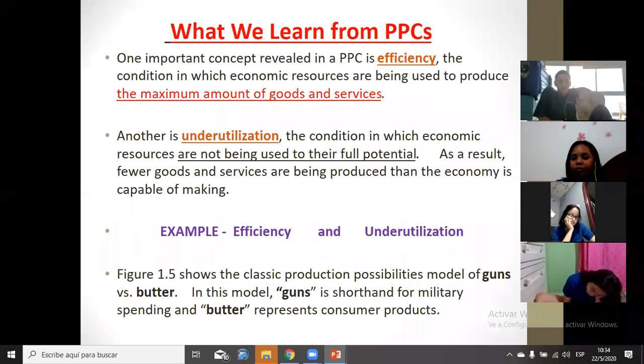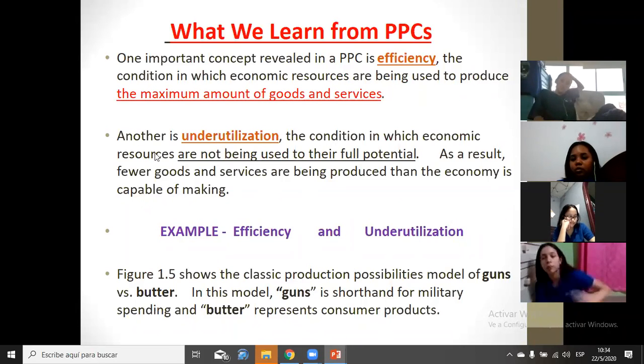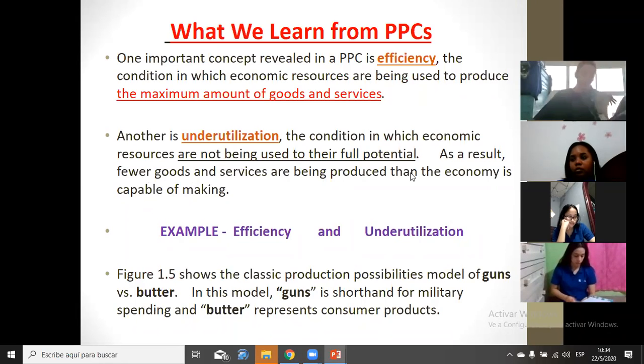And let's move on. Now, explain this on the utilization and the other section. Underutilization is the condition in which economic resources are not being used to their full potential. As a result, fewer goods and services are being produced than the economy is capable of producing.